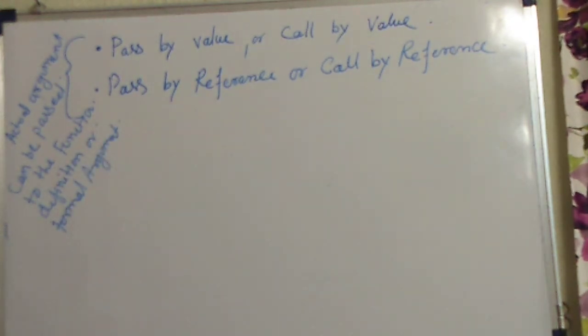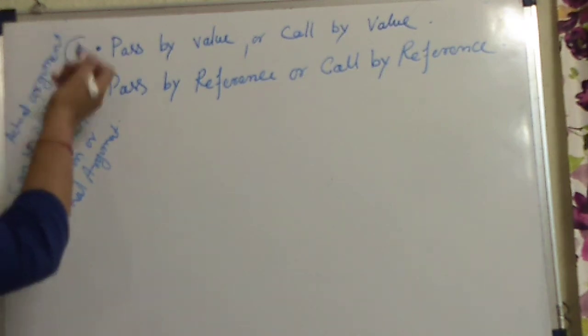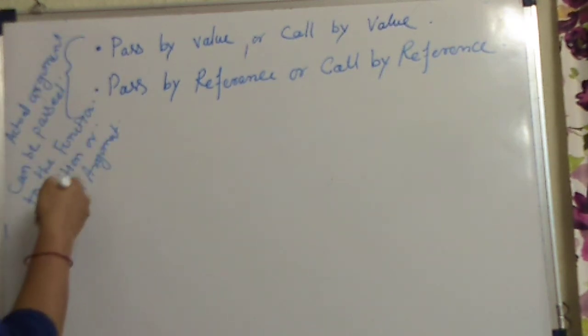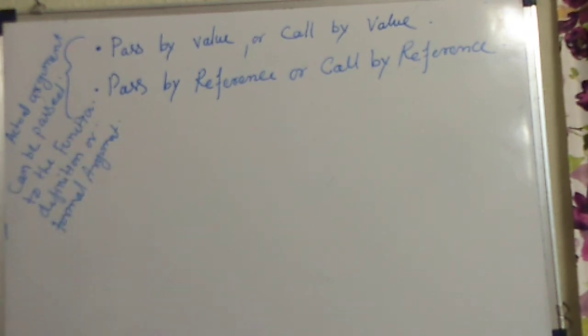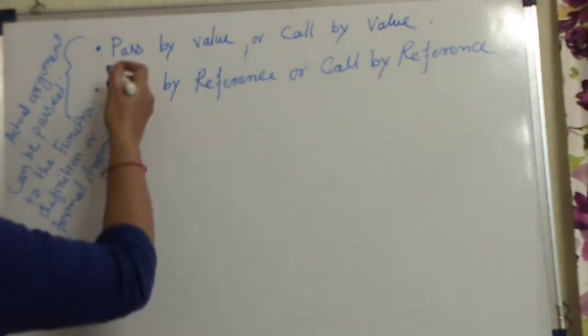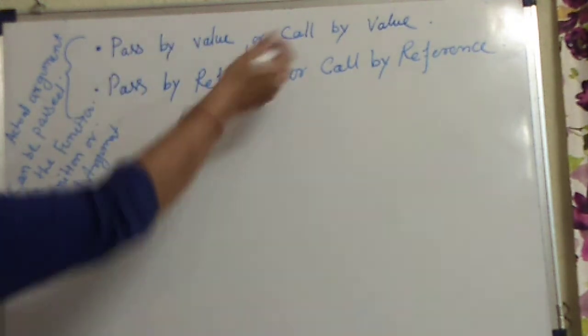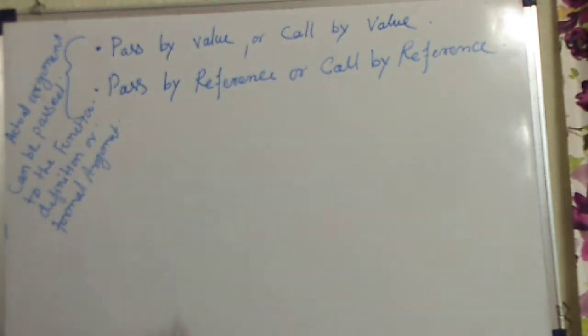Clear? An actual argument can be passed to the formal argument in two ways. First one is pass by value, call by value. Another one is pass by reference or call by reference.